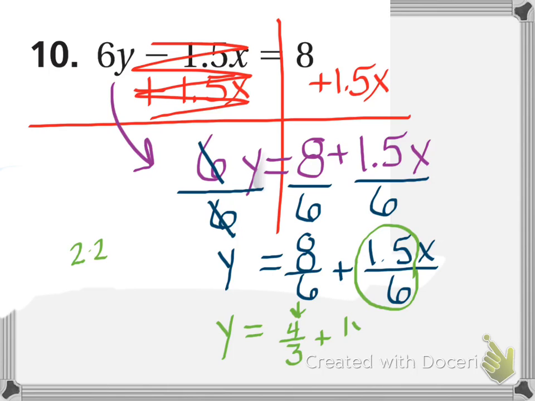So we have 1x over 4, and you do not need to write that 1. Remember, it is invisible, so we just have x over 4. So this is our final answer. Y equals 4/3 plus x over 4.